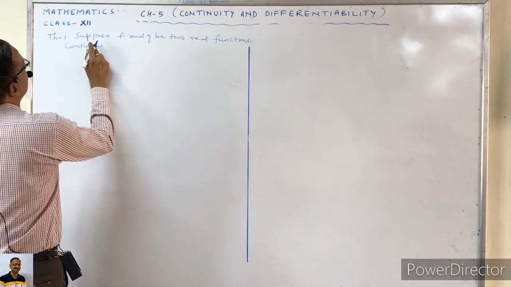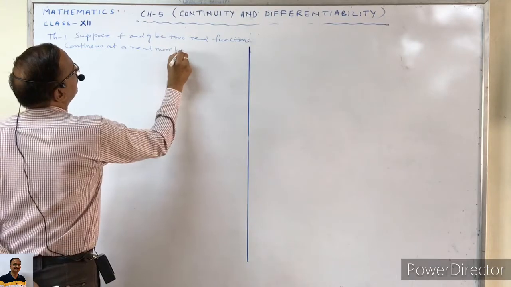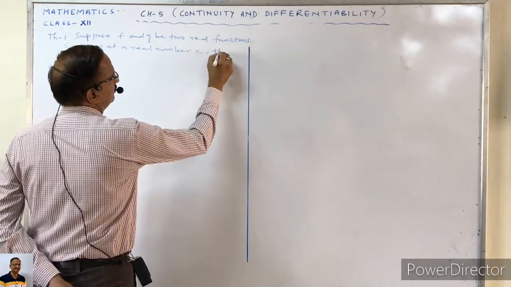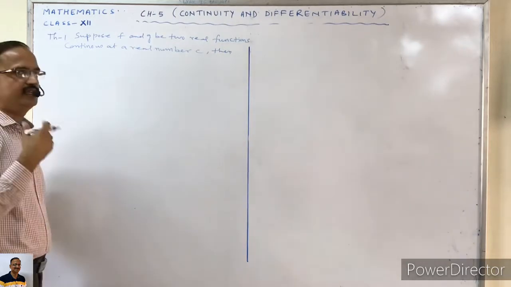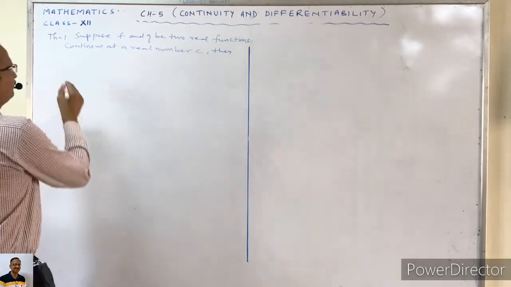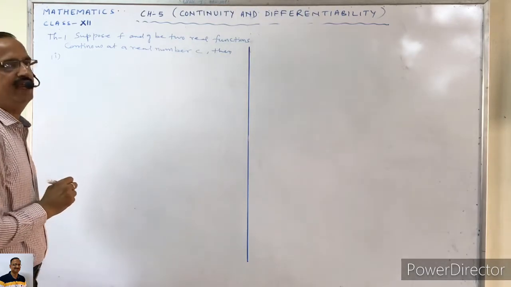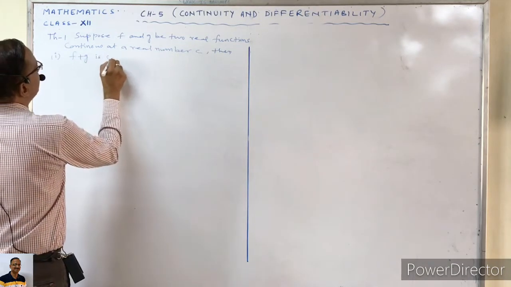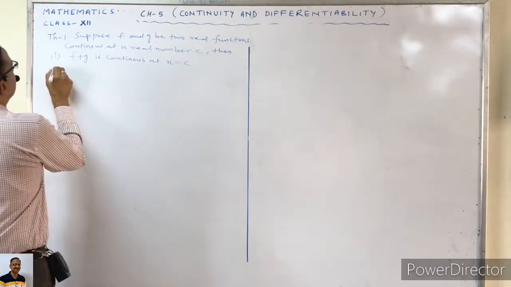Suppose f and g are two real valued functions continuous at a real number c. Then their sum is also continuous at x equals c. It means f plus g is continuous at x equals c.